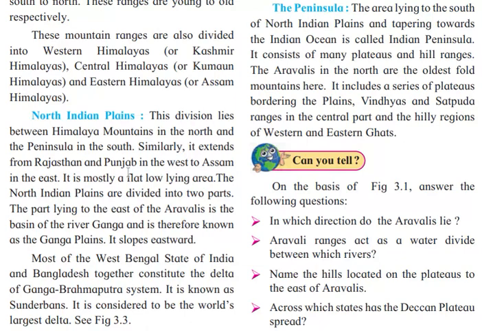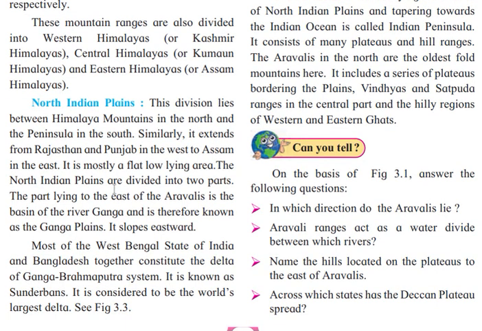So these North Indian plains lie between the Himalayas and the peninsula in the south. Similarly, they start from Rajasthan and Punjab in the west and move towards Assam in the east. It is mostly a flat, low-lying area.